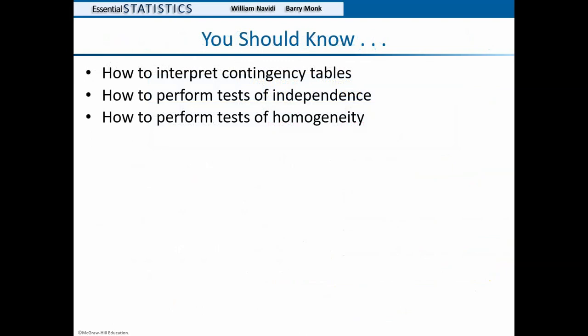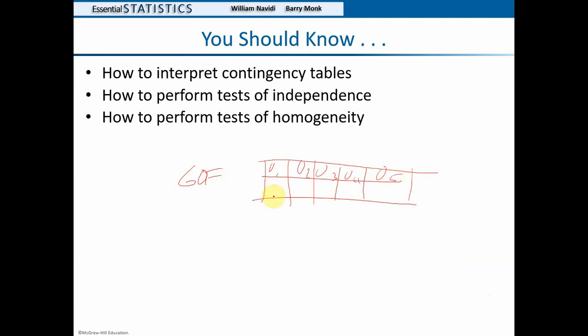So go through again. You're going to have two different versions, a goodness of fit, and that's just based on some observed 1, observed 2, observed 3, observed 4, observed 5. I have some probabilities. They could all be the same.